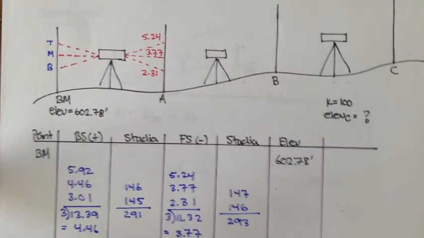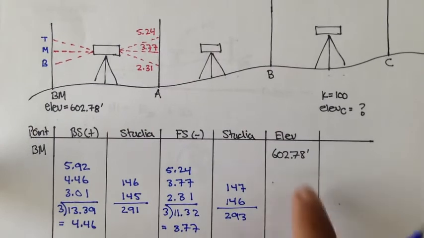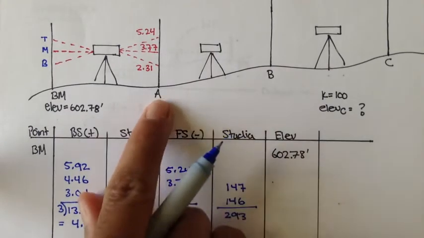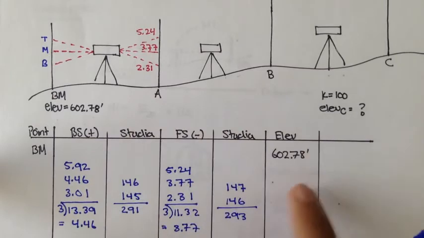Now, remember from differential leveling, to find the elevation of A, you take the previous elevation, you add the backsight and you subtract the foresight.